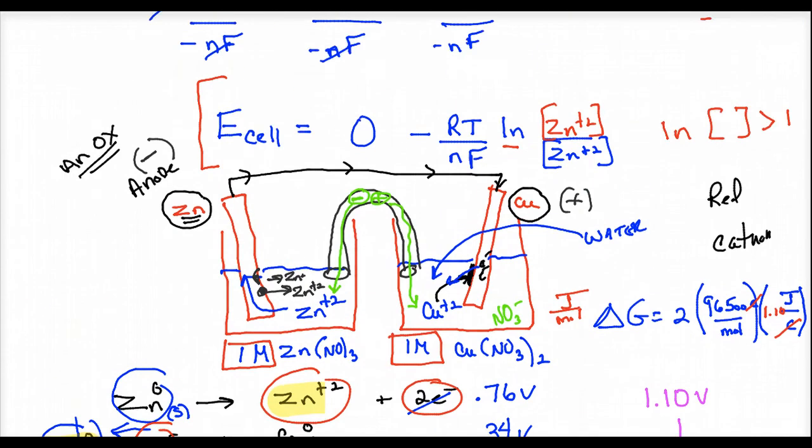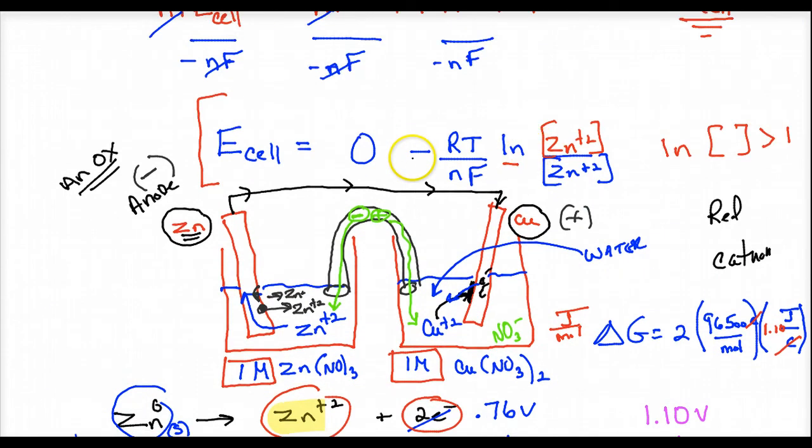Now watch, party people. In order for this E cell not to be 0, to produce a voltage just by changing these concentrations of the same thing, what do I need? I need this expression to go positive. How do I do that? Well, I need this natural log to become a negative value. I need something smaller than 0. So I need a small amount of this and a large amount of that.